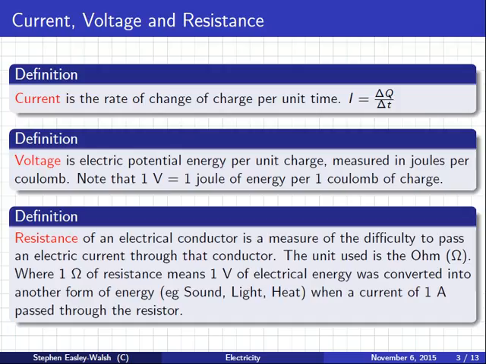You got that? So what I'm saying is, 1 ohm means that 1 joule per coulomb was taken out and converted into some other type of energy, like heat, sound, something like this.